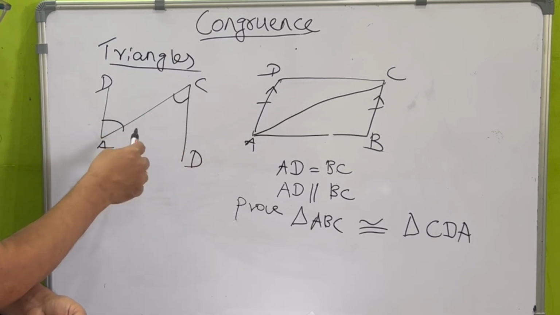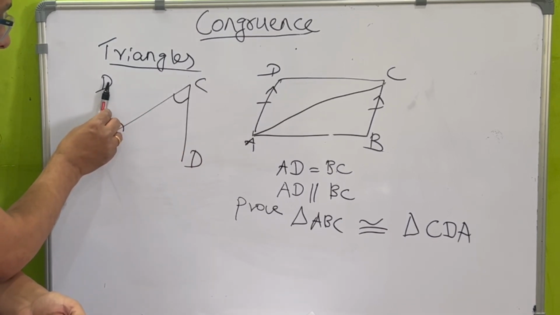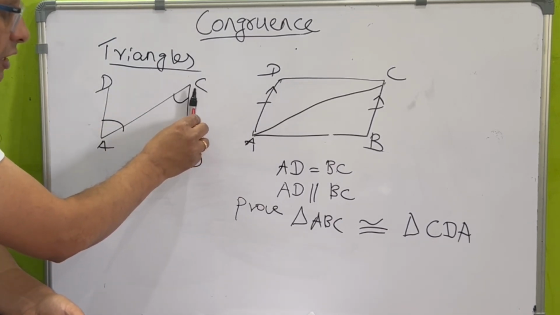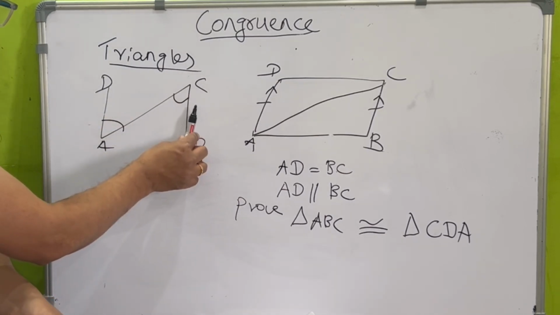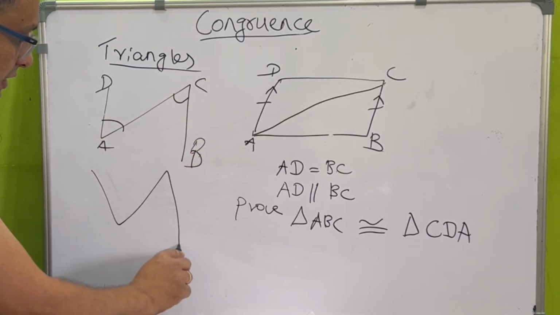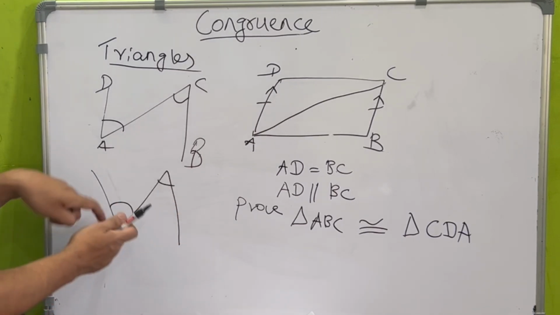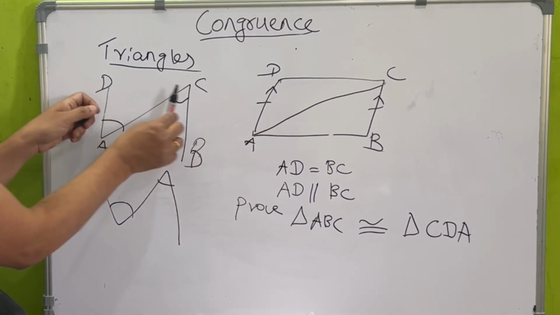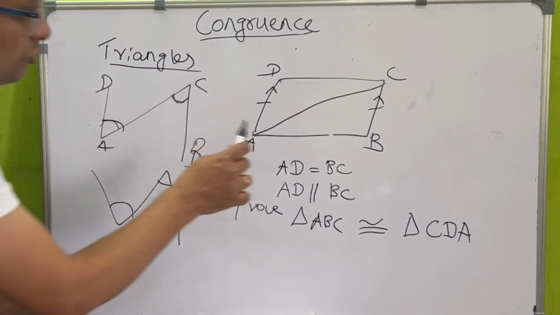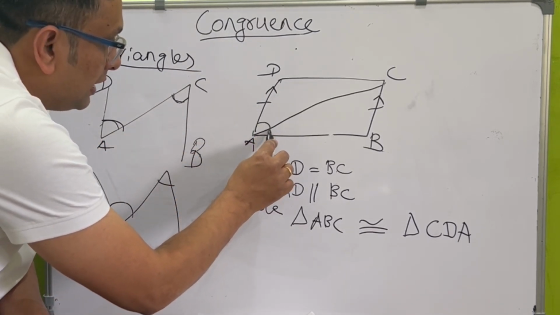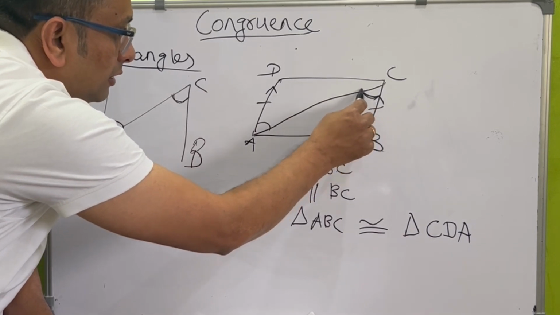Alternate interior angles are equal because AD is parallel to CB. If something like this is there, it may vary and will not be equal. But since it is parallel, alternate angles are equal. So we can say this angle is equal to this angle.